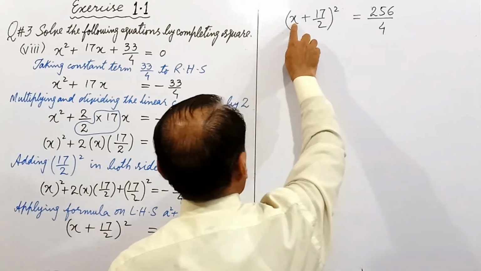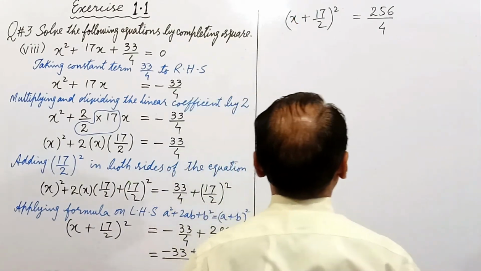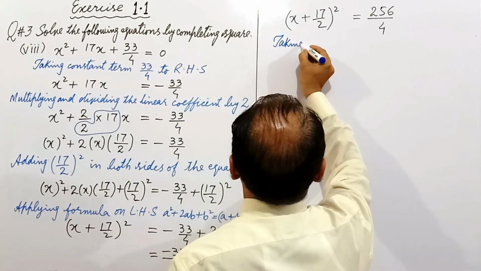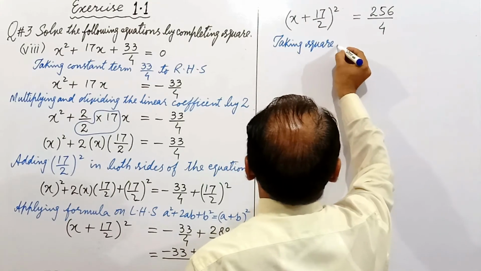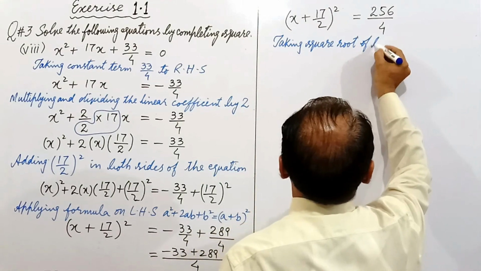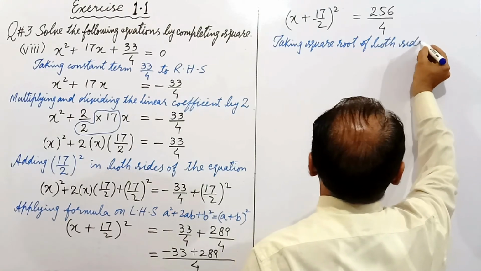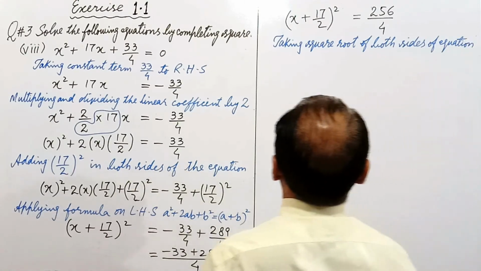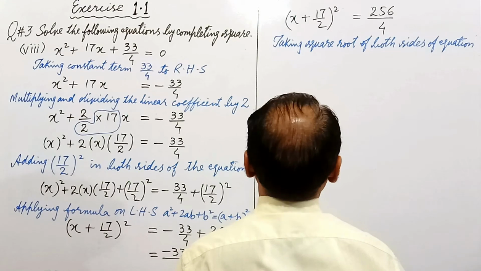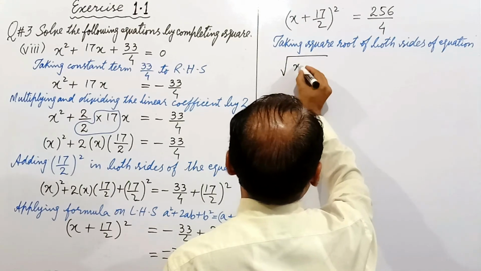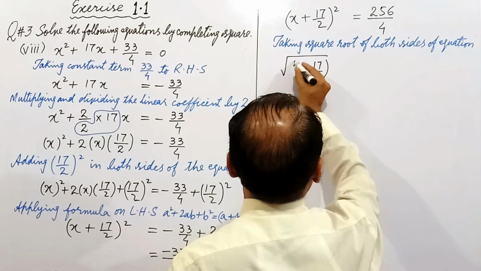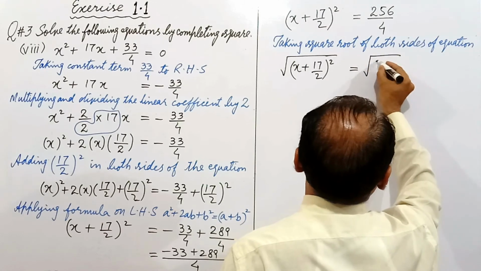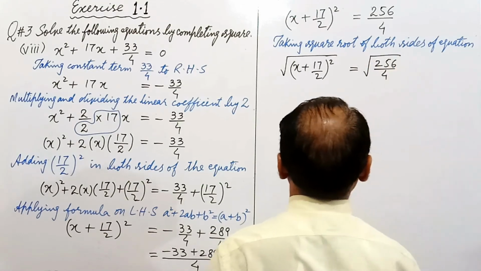As we are required to find the solution, that means we have to find the value of x. So therefore, taking the square root of both sides of the equation, we have the square root of x plus 17 over 2 whole square equal to the square root of 256 by 4.